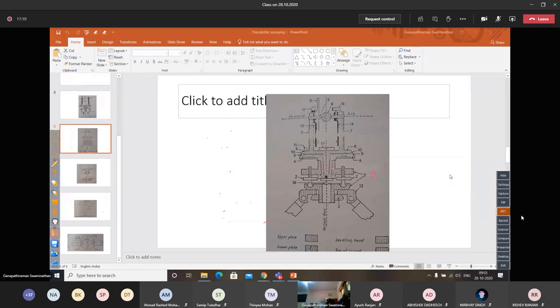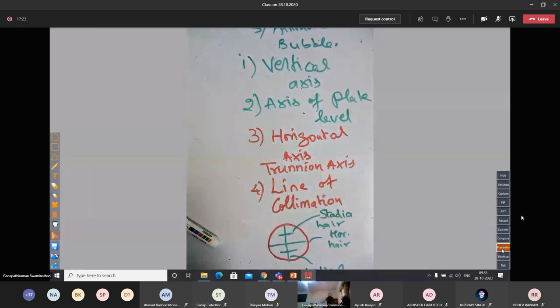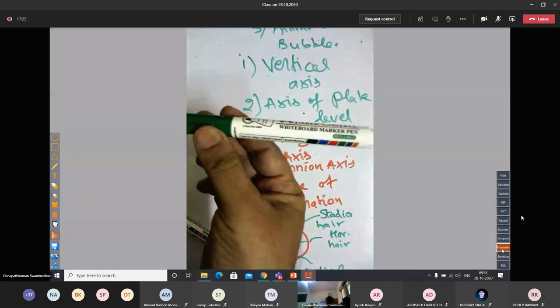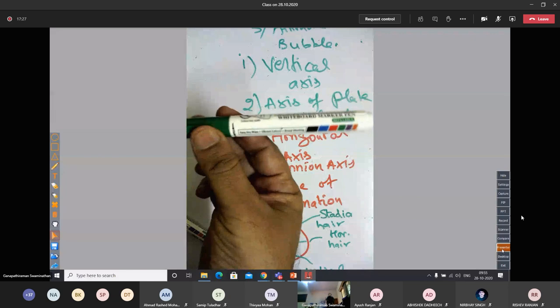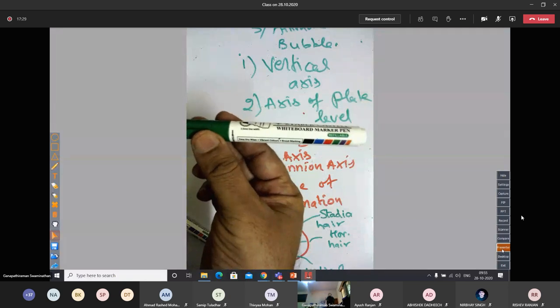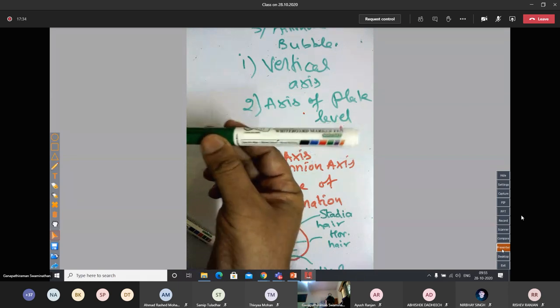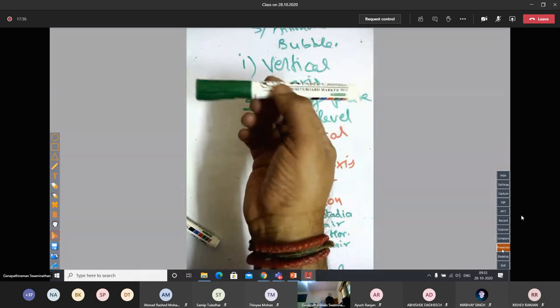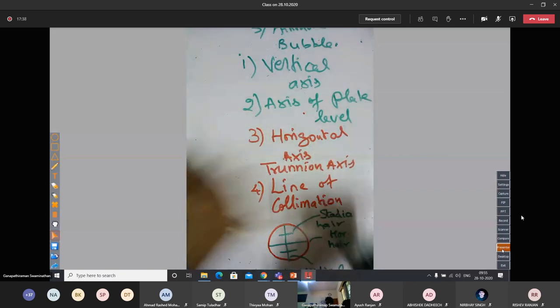Now, this is a telescope. Let me put it here because I have to use this. You see the pen is visible to you. This is the horizontal axis.